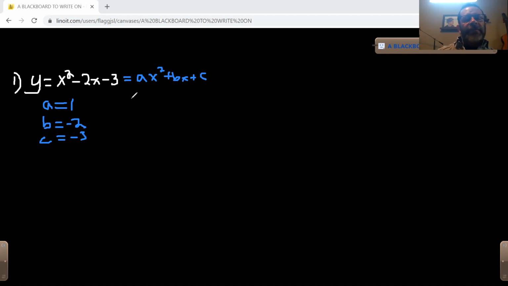Now, another thing, let's find the intercepts. And how do we find the intercepts? We are going to find the roots of the function, okay? And how do we find the roots? We need to make the function equal to 0, okay?